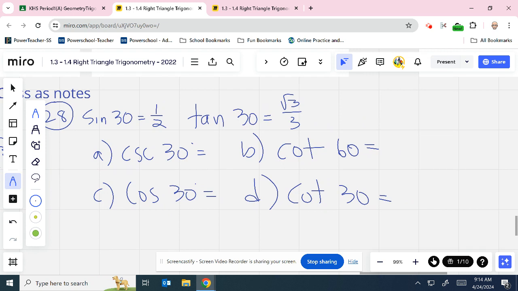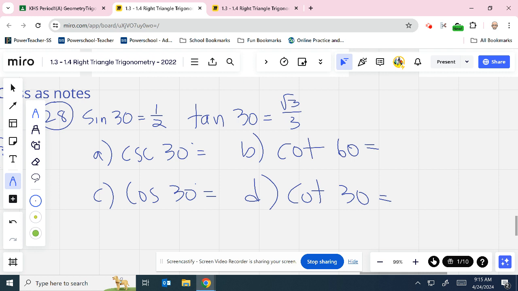Take a look at A. What's it asking for? Cosecant. What do we know about cosecant? Which one is it a reciprocal of? Cosecant is at the very end, and it's a reciprocal of the one at the very beginning, as we work our way out from the center. So cosecant is the reciprocal of sine.